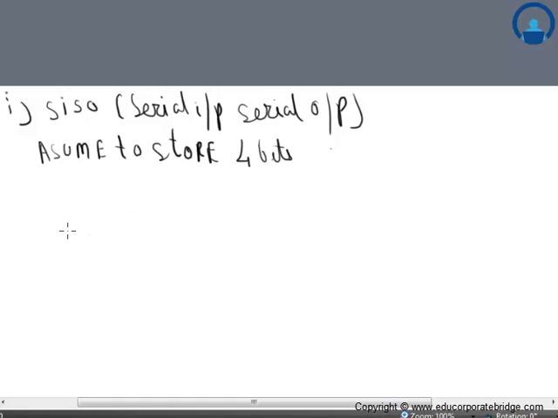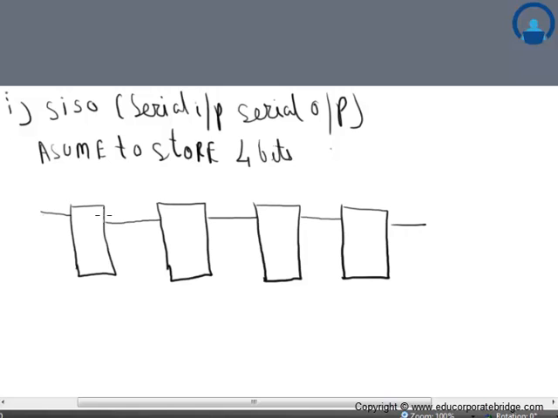The circuit diagram for SISO, as we have studied, requires D flip-flops, say D3, D2, D1, D0. If we have to store n bits, we require n flip-flops, so here we require 4 flip-flops.